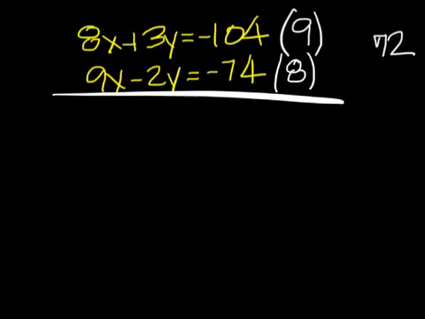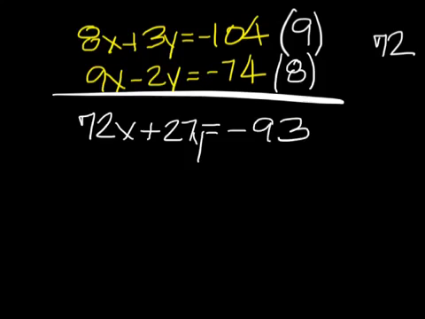Now go through the top equation and multiply everything by 9. When you do that, you get 72x plus 27y equals a negative 936.